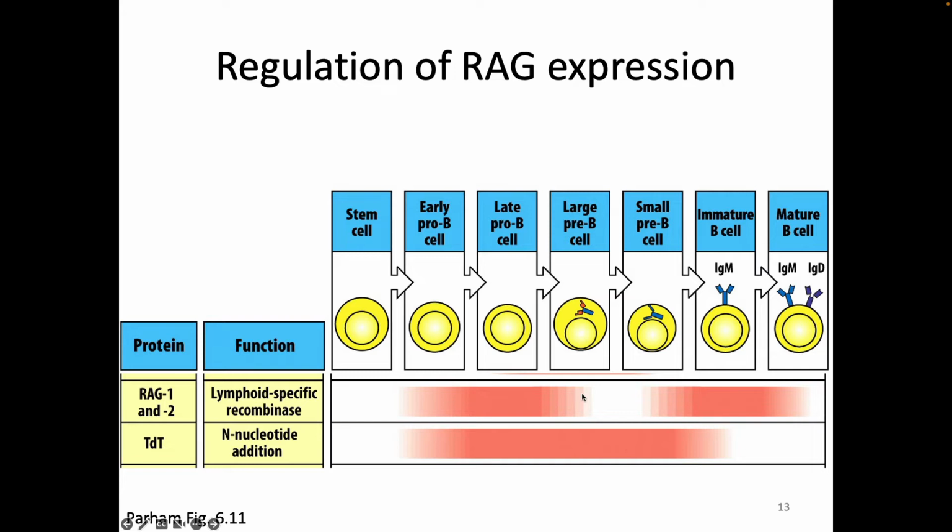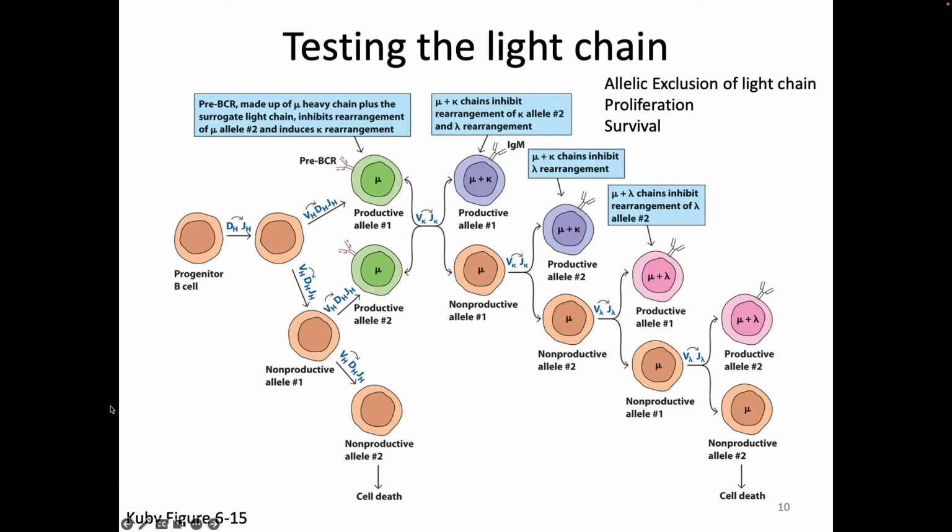So again, we're going to turn off RAG1 and RAG2 at this point. That's important because RAG1 and RAG2 can damage the DNA, and we don't want those risky enzymes on any longer than we need to. But it's also important so that we can make sure that we get allelic exclusion here.